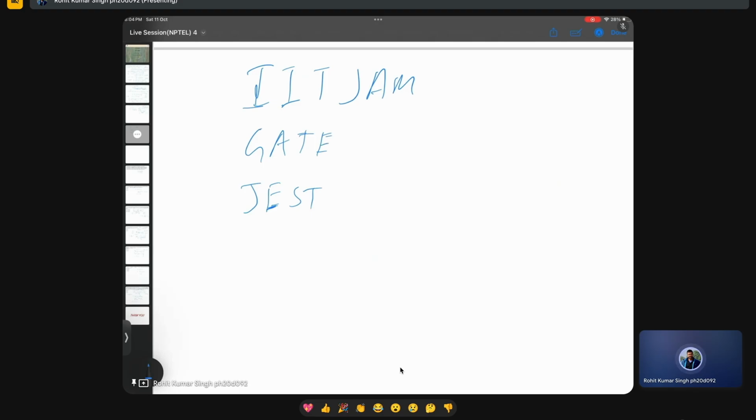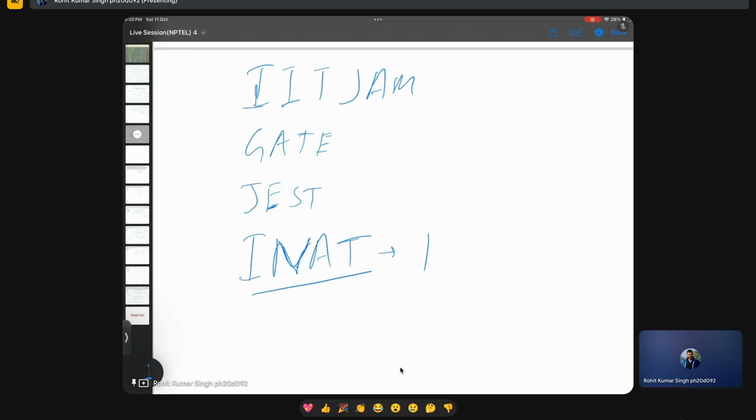Then there are other exams you can write. I don't know if it happens or not, there is something called INET. If you are interested in astrophysics or cosmology, you can write this exam.